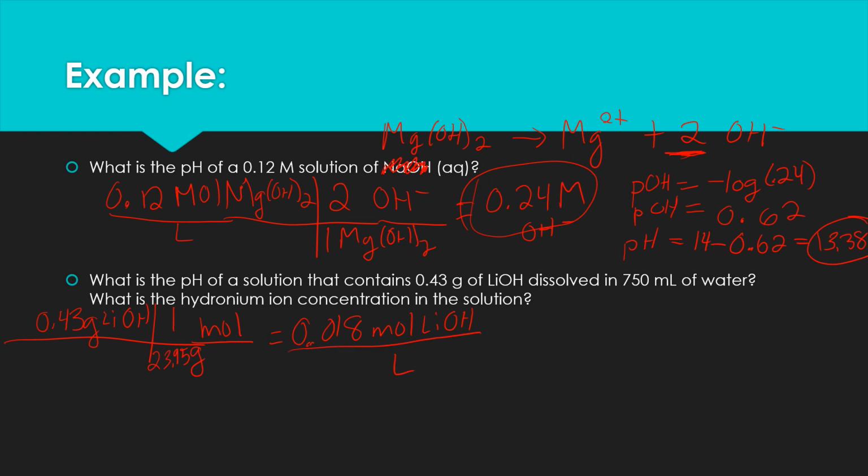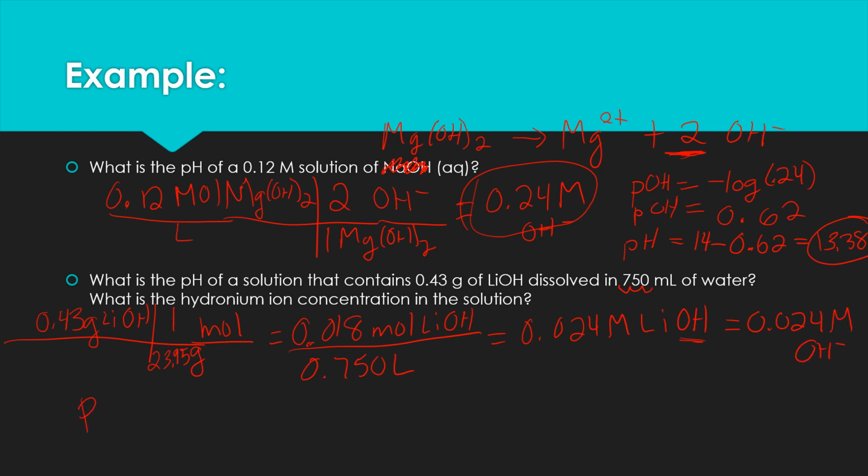We have 750 milliliters, which would be 0.750 liters. So 0.018 divided by 0.75, we get 0.024 molar lithium hydroxide. Now, it is a 1-to-1 ratio between this and just our hydroxide, so that equals our concentration of our OH minus.